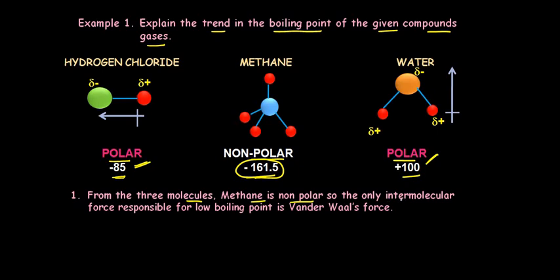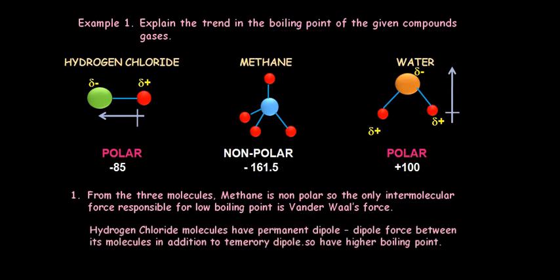So the only intermolecular force of attraction which exists between two such methane molecules, say one methane molecule and the other methane molecule, is the van der Waals force only, which is very, very weak. So the boiling point of the methane molecule is also very low.